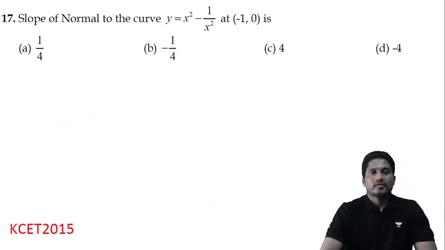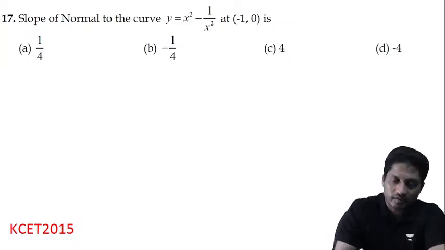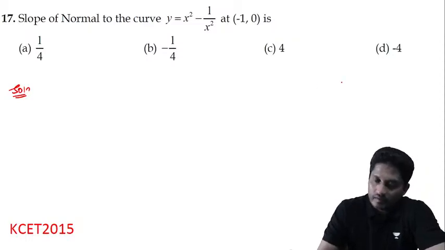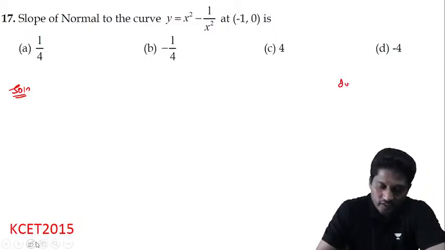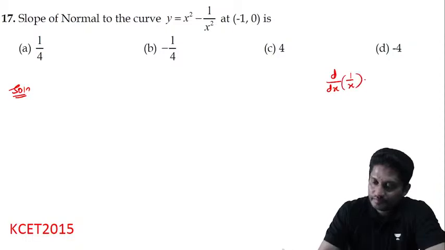Okay, slope of the normal to the curve y is equal to x square minus 1 by x square at minus 1 comma 0. Differentiation of 1 by x is minus 1 by x square. Differentiation of 1 by x square is minus 2 by x cube.